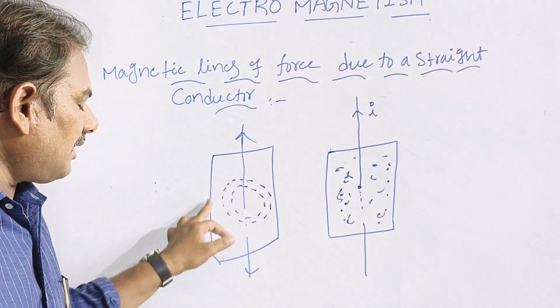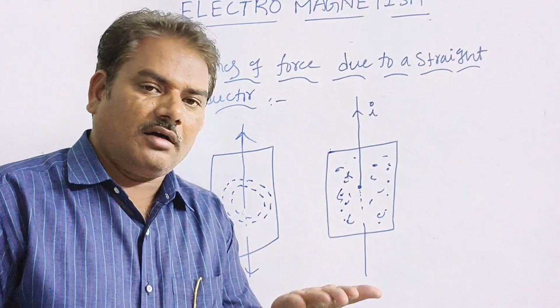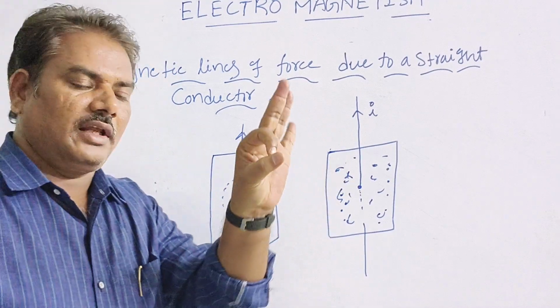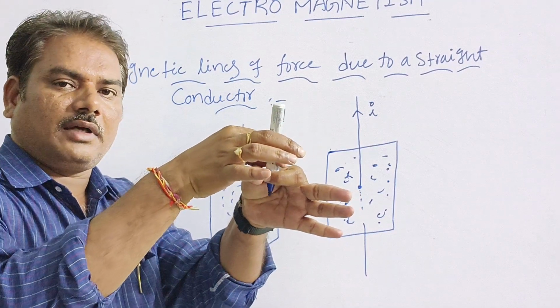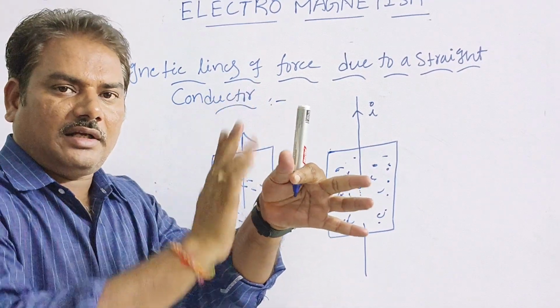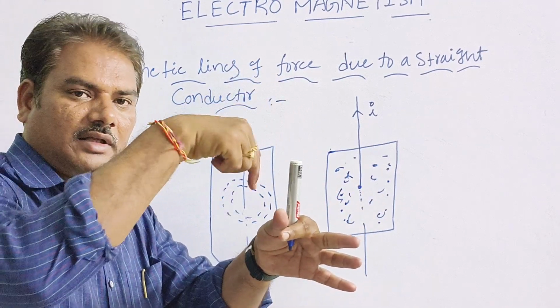That means they form concentric circles. This is the conductor which passes through it, this is the current passing through it, and these are concentric circles.